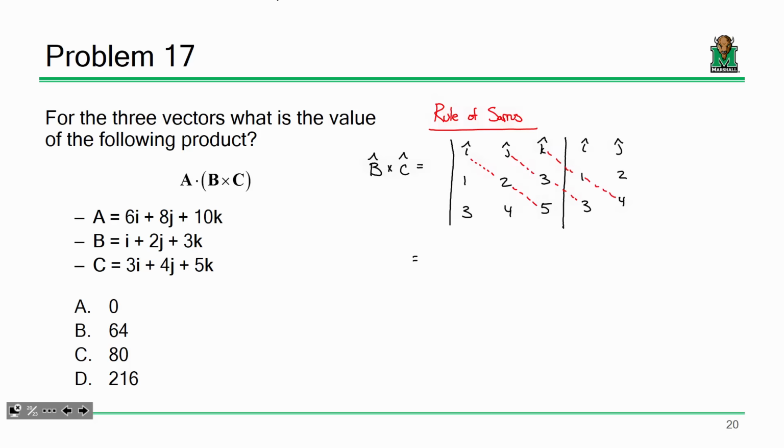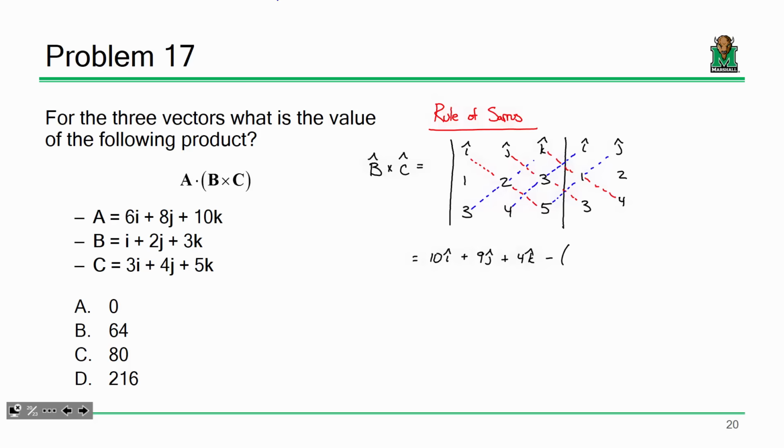So the i's, I've got 10i plus 9j plus 4k, minus all of the products going this way. So, goodness, my nose itches. You could do it in order, but I'm just going to go with I, J, K with that order. So the I, 3 times 4 is 12.